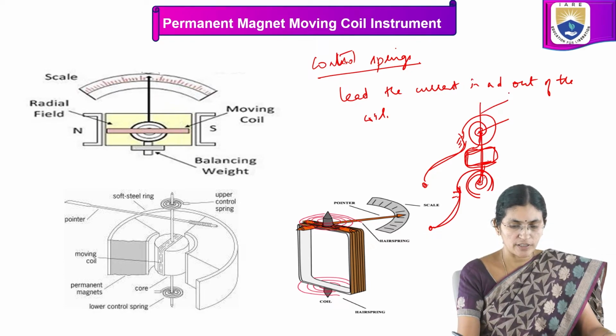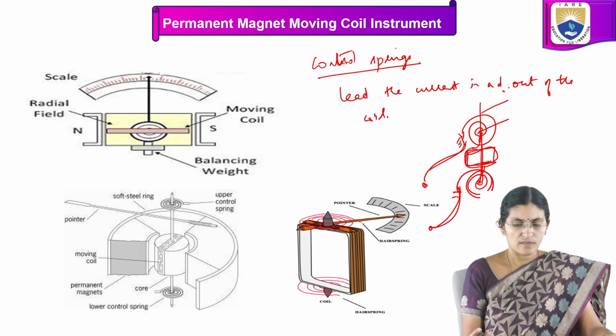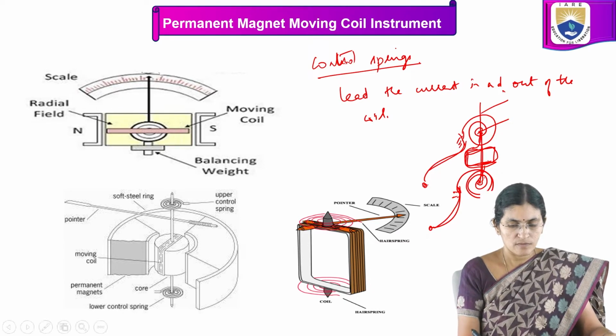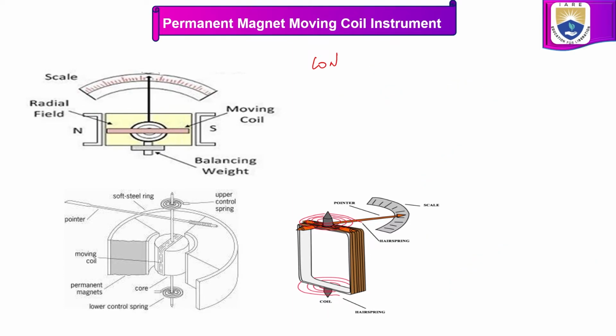Here we have a pointer. Another function of control spring is that it provides controlling torque. Next we have pointer and scale also. The pointer should be of light weight so that it can easily deflect with the help of deflecting torque, and there is a scale you can see here. Below the scale there is a mirror placed to avoid parallax error.